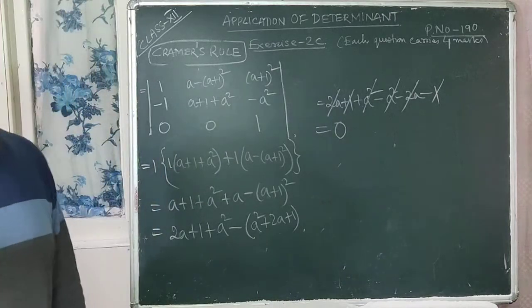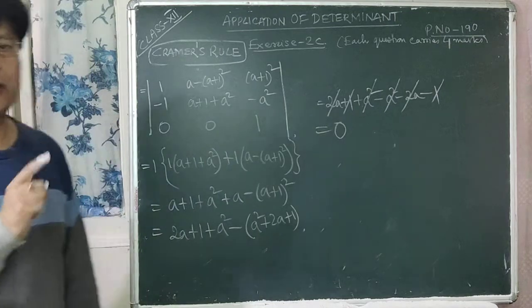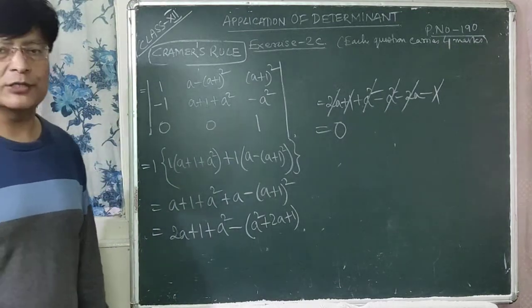Since the area of the triangle is 0 with the help of the determinant, the three given points are collinear.